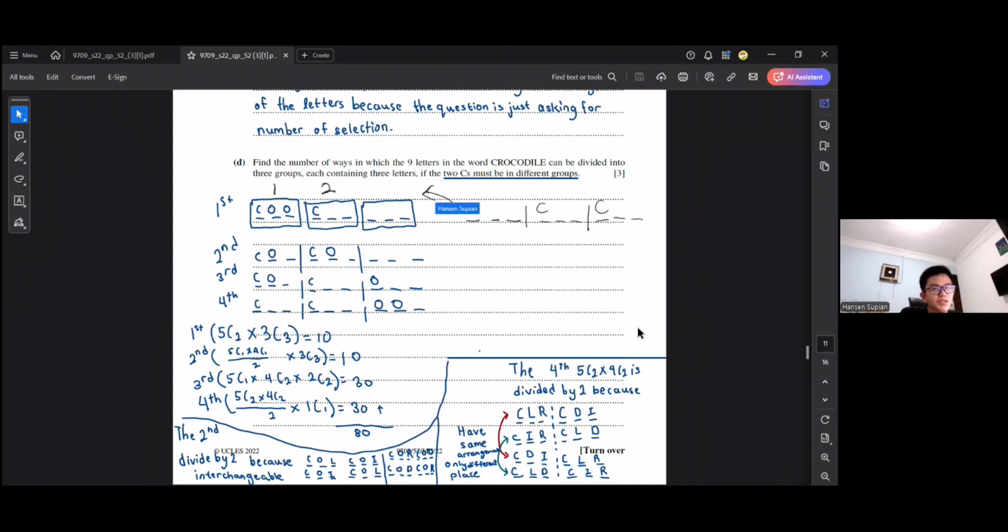Because this is just selection, not arrangement, it's just the same thing. And if we put it like this, it's also the same thing as this one over here.